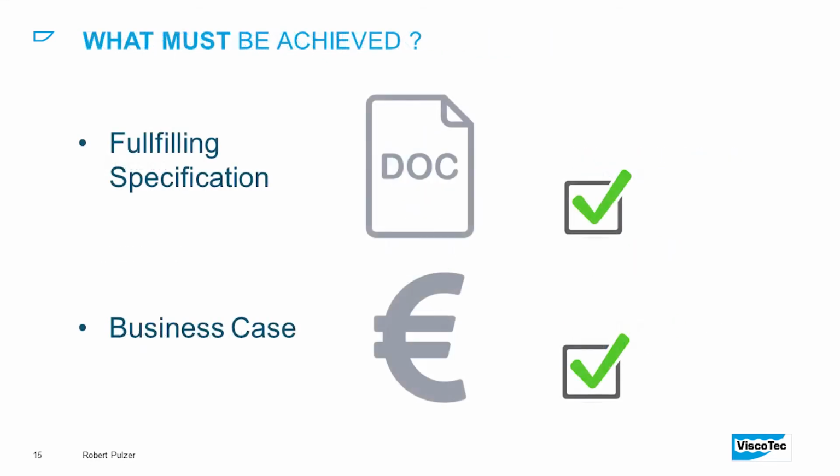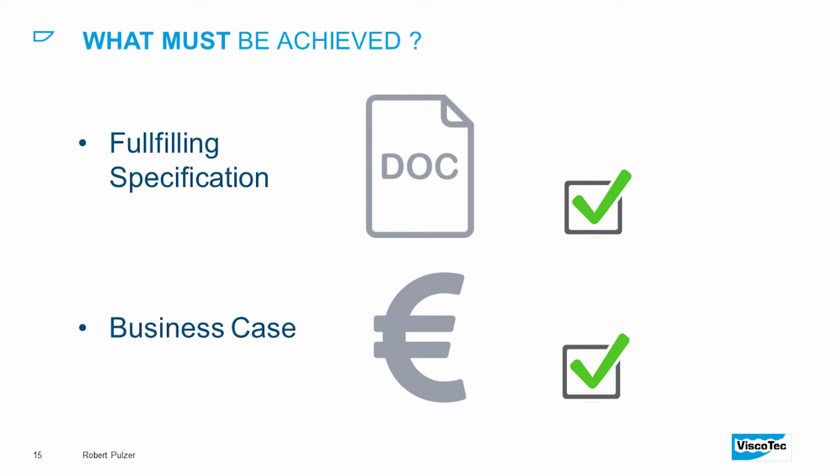But in a nutshell, what is really important is every time fulfilling the specification, and on this point, it's no problem if the specification is old and explains how to do it by hand. Because when we have such a specification, we need to put development into our systems to bring it to a point. And the business case.